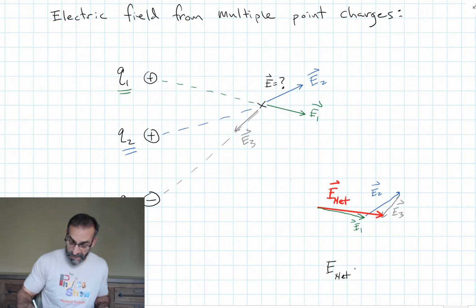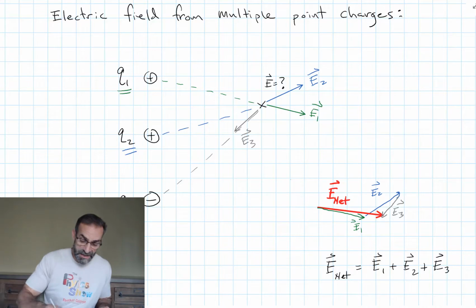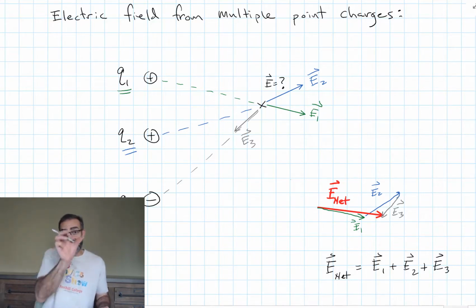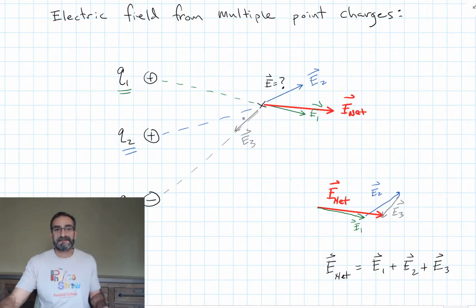E net is equal to the electric field from charge 1 plus the electric field from charge 2 plus the electric field from charge 3, vector addition. So at our location, the electric field, I just have to translate this up to my location of interest, would point somewhere in this direction, the way I drew it here. Of course, it depends on the magnitudes of those charges, but the way I drew it, it would look something like that.